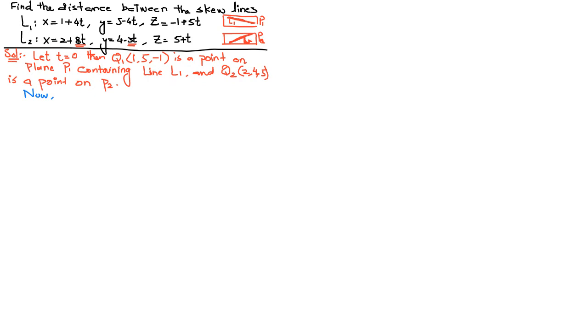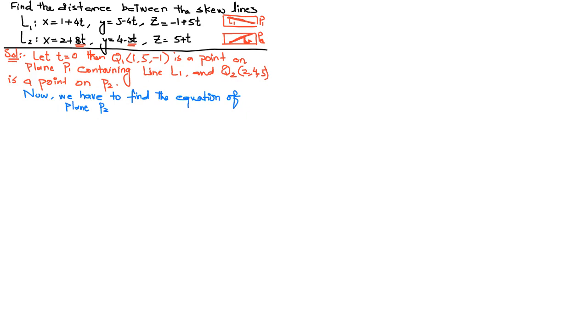Now we have to find the equation of the plane, for example plane P2. For the equation of the plane we need a normal vector. How can we find a normal vector?